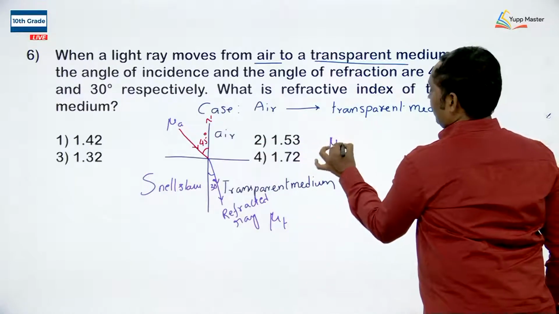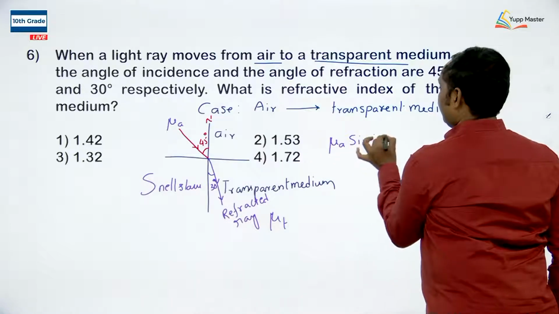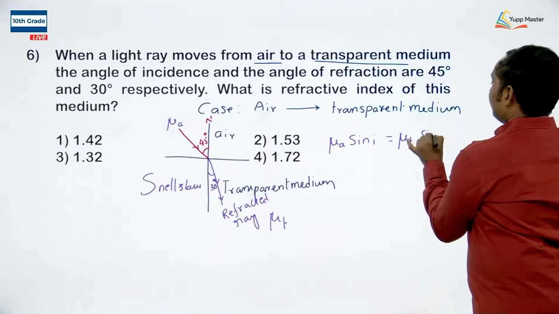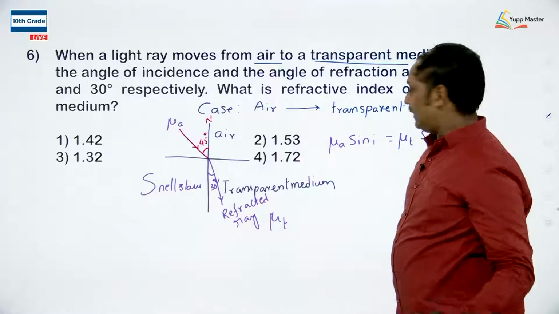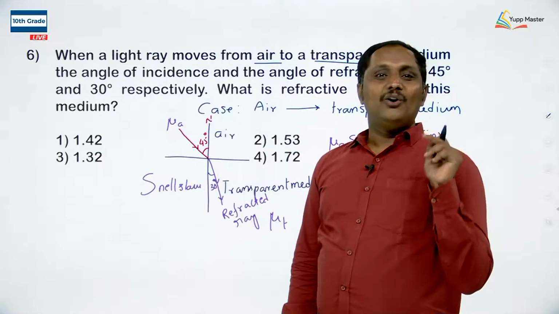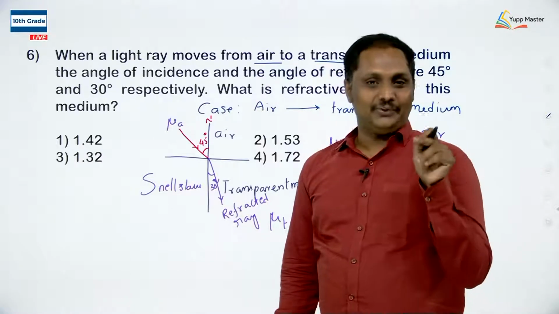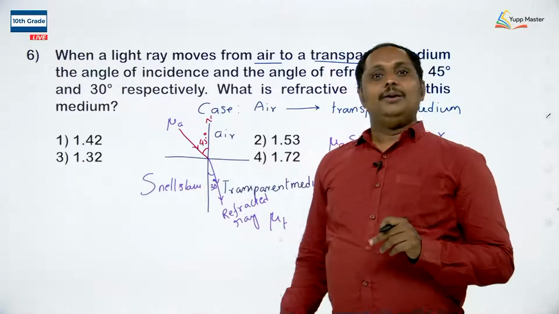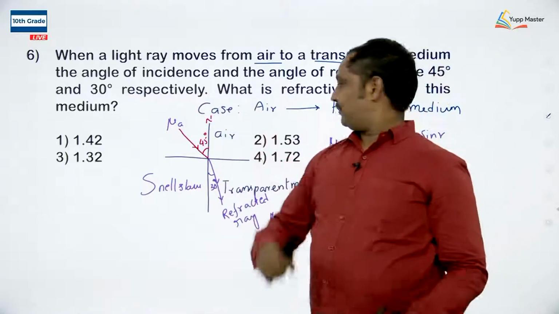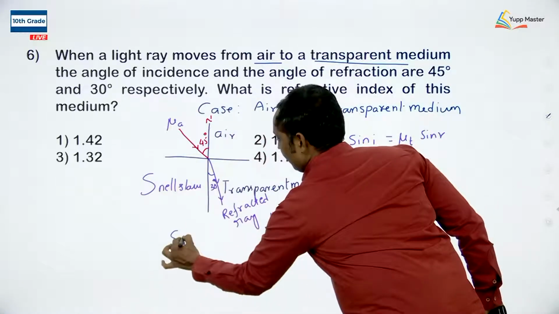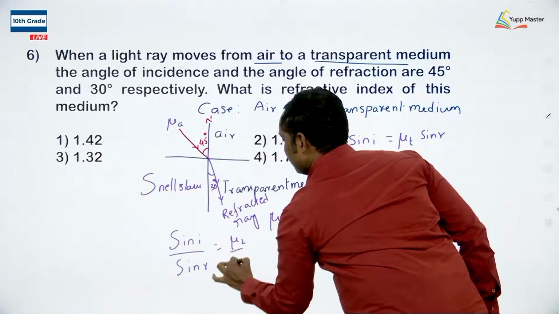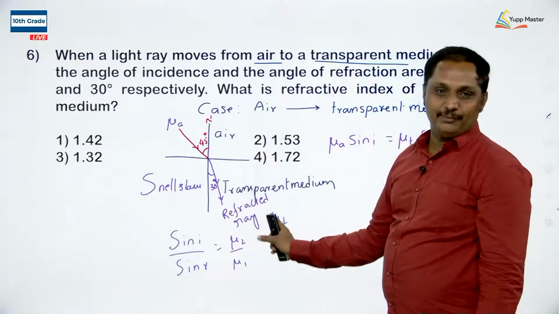That is mu A into sin I is equal to mu T into sin R. Simply, Snell's law conveys that the ratio of sine of angle of incidence to the sine of angle of refraction is equal to a constant, that is the refractive index of the second medium with respect to the first medium. Simply, sin I by sin R is equal to mu 2 by mu 1. You have to consider this formula.